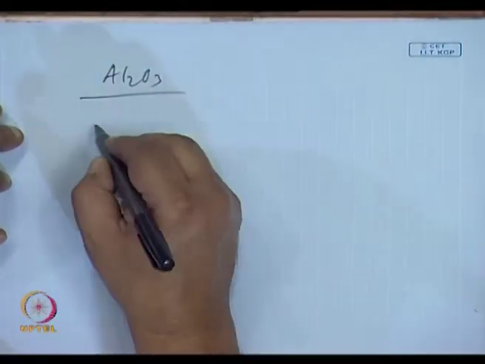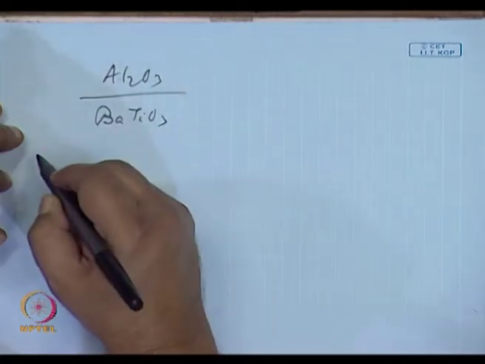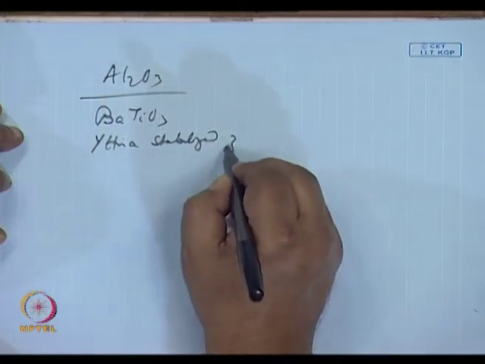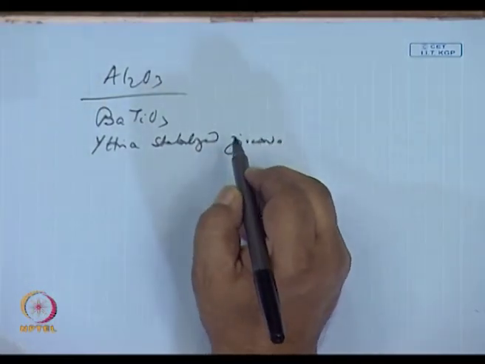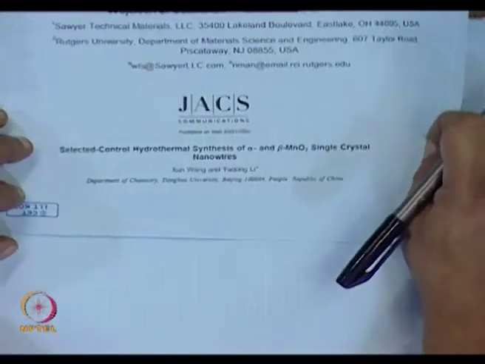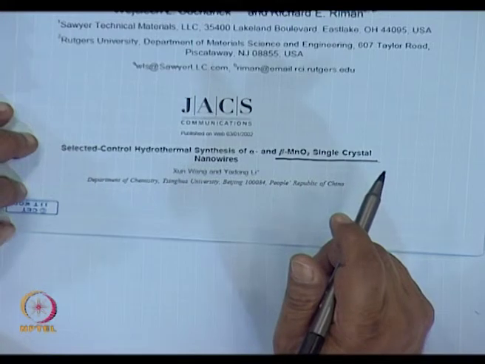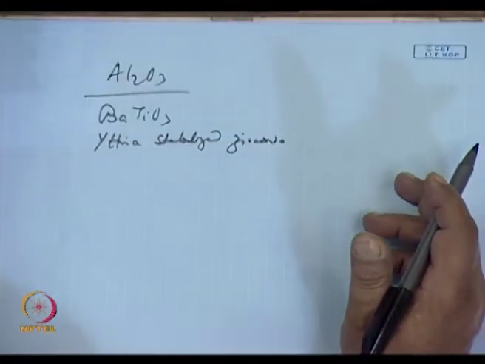Today, we not only have fine powders of, like say you take anything alumina or anything, but also we have complex systems like barium titanate, yttria stabilized zirconia, this paper goes on to talk of manganese oxide single crystals. The hydrothermal method allows you a lot of access, lot of avenues or ways to prepare these ceramics in a very, very benign fashion.